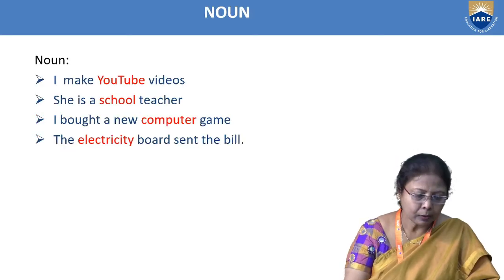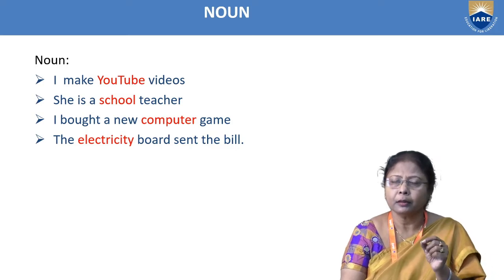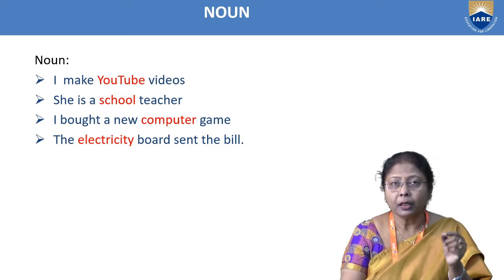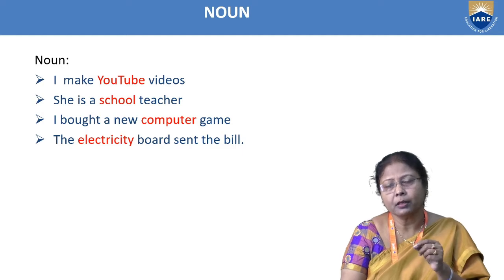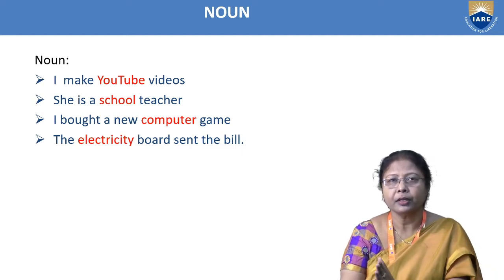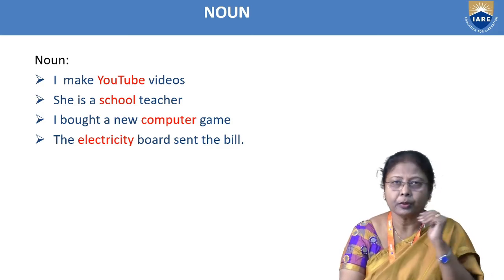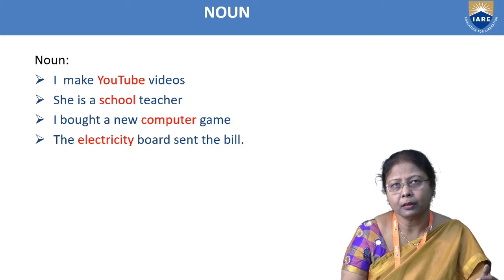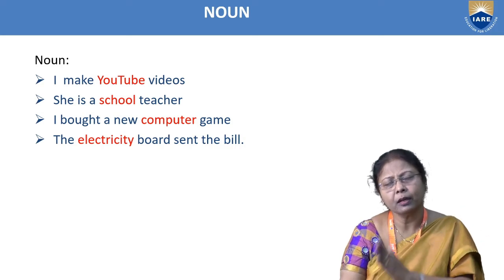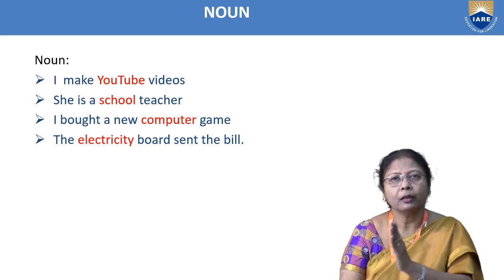The next one is the noun. How does a noun act as a determiner in the modification process? Here you see, I make YouTube videos. Initially we discussed how a noun modifies a noun. Yes, a noun can also modify a noun.